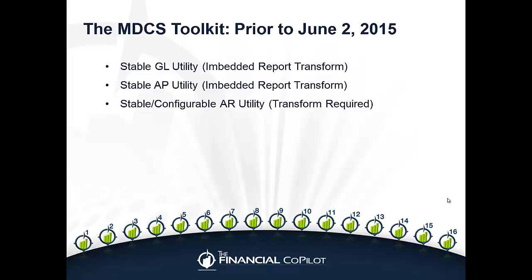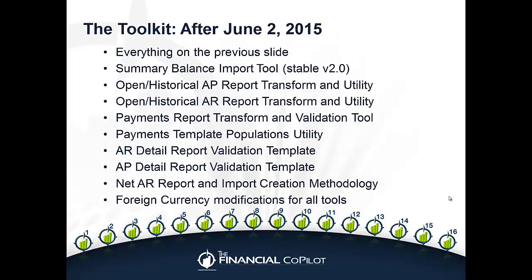Where it says transform required, that meant that we weren't able to use the report as it came out of QuickBooks, but rather we had to transform it and then put it in the utility, whereas with the other two tools, basically you copied the report right out of QuickBooks, dumped it right into the program, and it worked seamlessly.